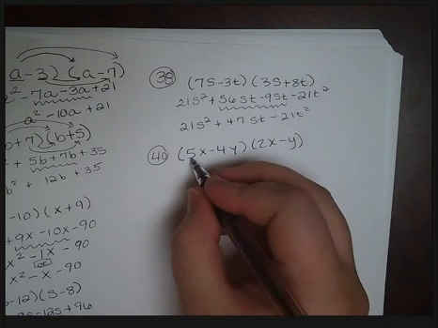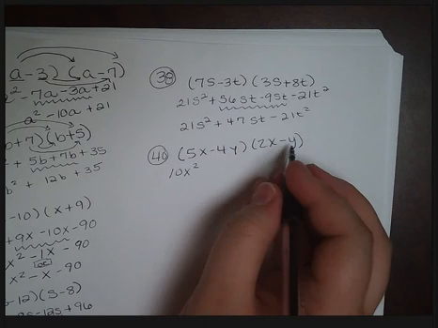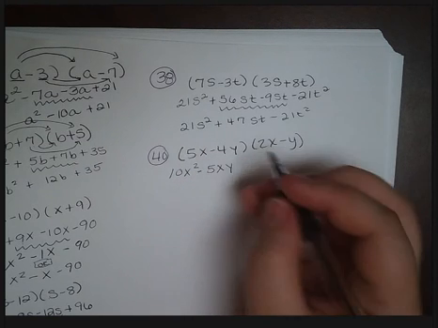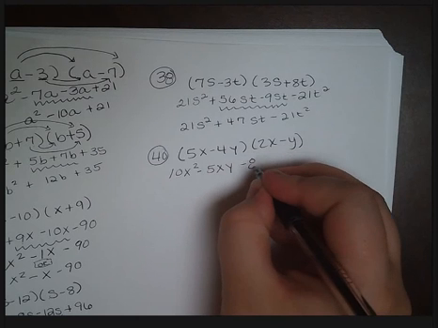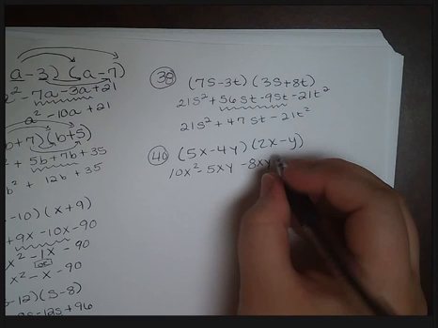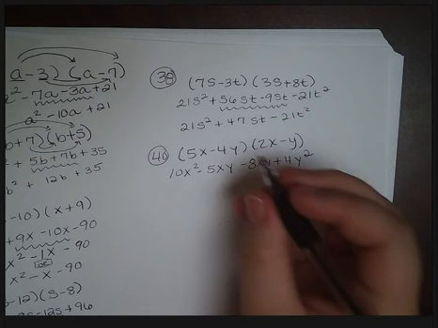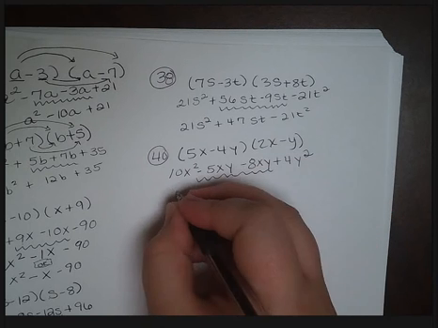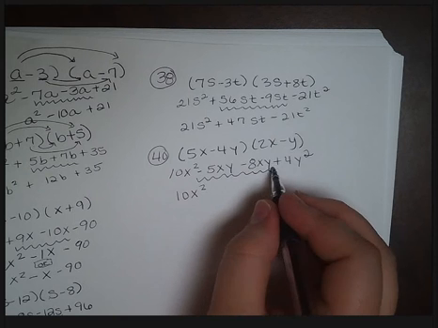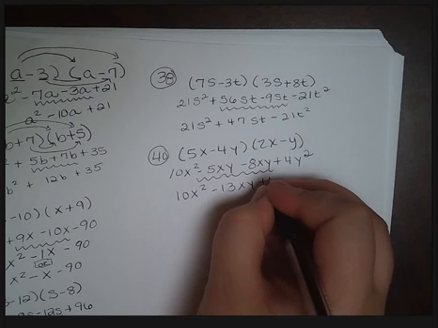So 5x times 2x is 10x squared. 5x times negative y is negative 5xy. Negative 4y times 2x is negative 8xy. Negative 4y times negative y is positive 4y squared. Now we combine those like terms to get 10x squared, and then negative 5xy minus 8xy is going to be negative 13xy. Then bring down your 4y squared.